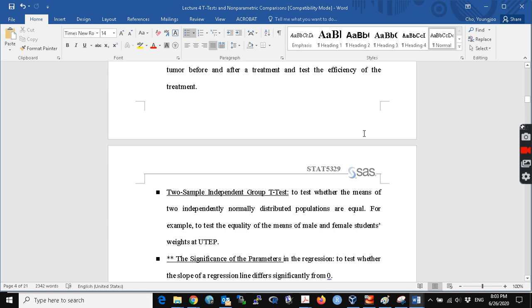If you want to test the mean of male and female students' weights at UTEP, the population for male and the population for female are different. In this case, we use a two-sample independent group t-test, which means that we are going to test whether the means of two independently normally distributed populations are equal.